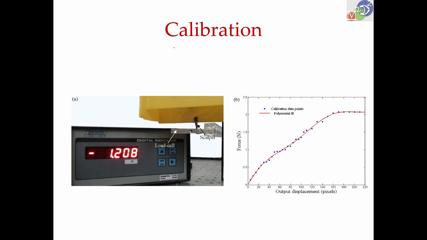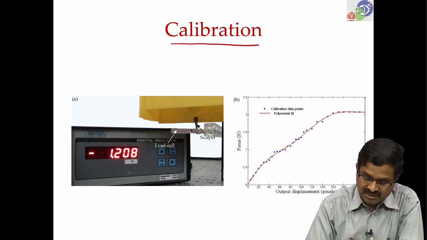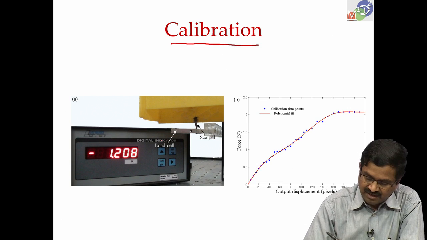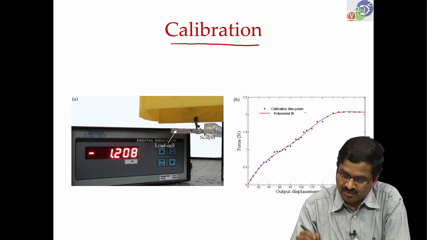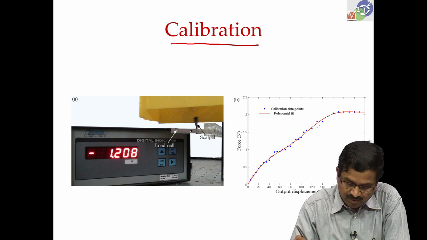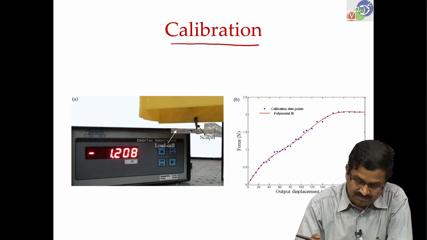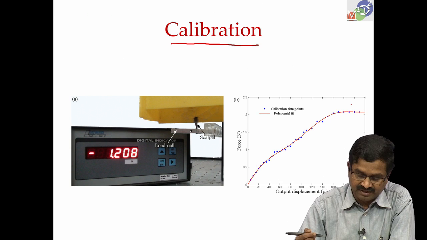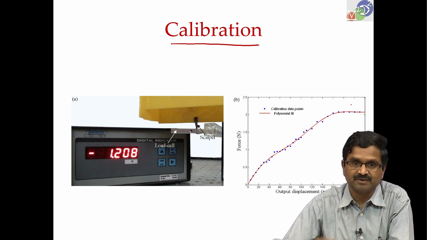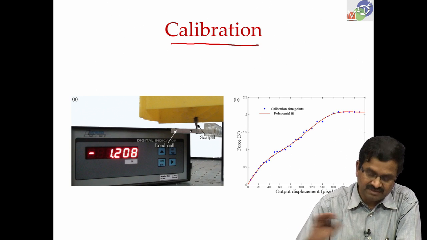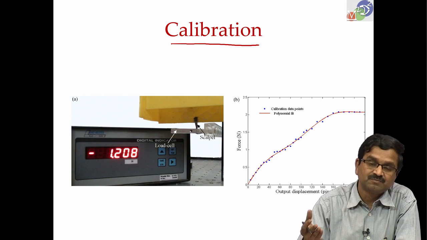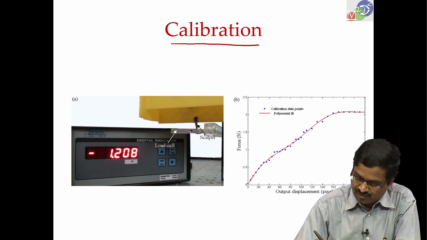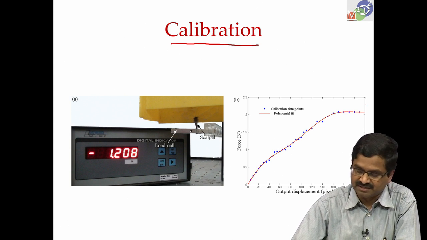We also did calibration using a load cell, so that when the scalpel is moving, we know how much force there is. So, there are calibration data points for a particular thing that we want to cut, so we will know how it varies. Okay. So, we have the calibration done by comparing with a load cell of cutting some specimen, which had a force varying as shown in this case.